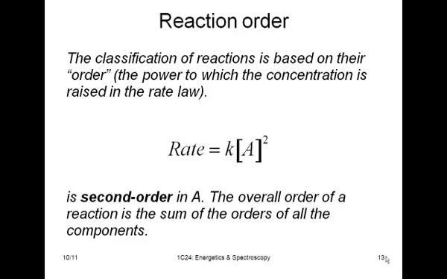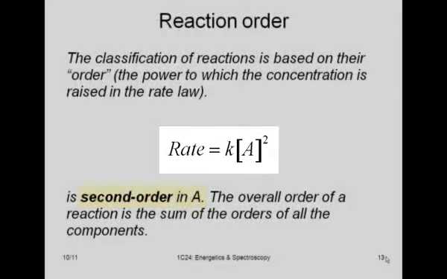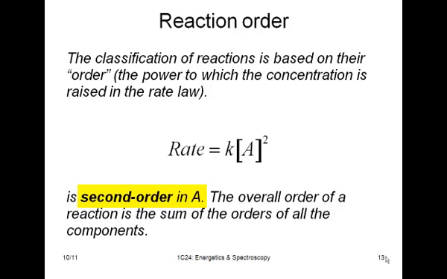So now I'm going to go a little bit more into what reaction order is. Before I said that the rate of a reaction can be proportional to the concentration raised to some power. This is called the order of the reaction. So a reaction rate where the rate is proportional to the rate constant times A squared is second order in A, because A is the species that's raised to the power of 2.